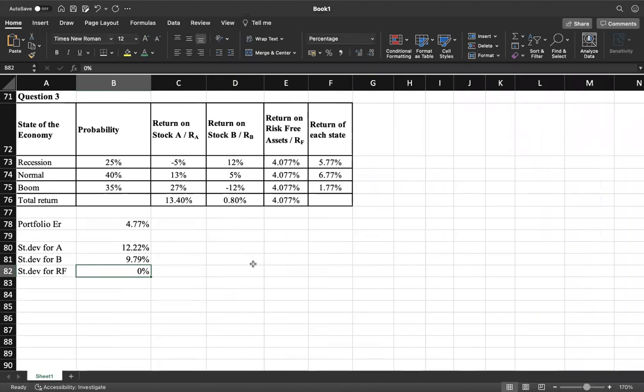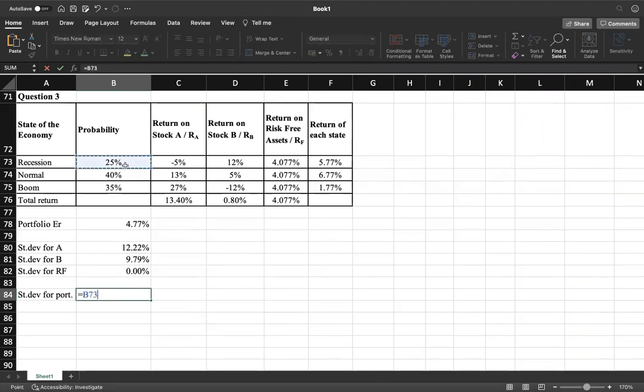Standard deviation of the portfolio is equal to STDEV for portfolio. Okay.